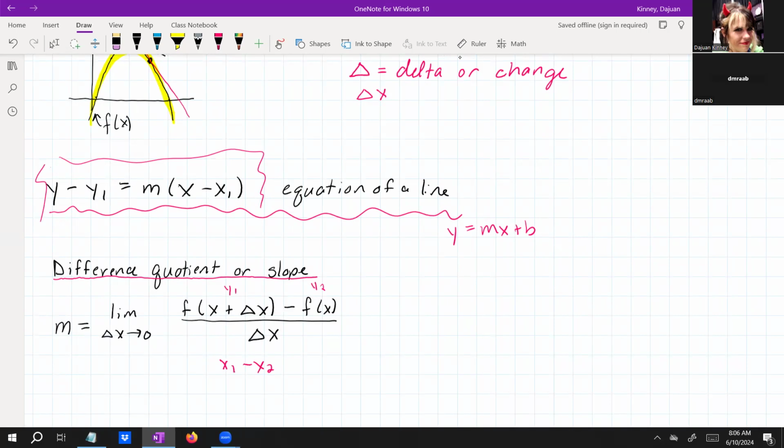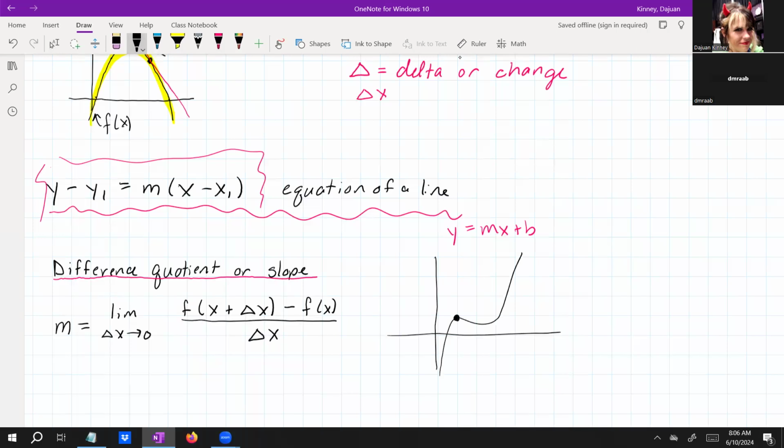For us, we've dealt with difference quotient in pre-calc and some of our algebra classes. So now we want to see the limit as x goes to 0. So if we take 2 points on our line, and one of them we're going to lock in, say we want the slope at this point.